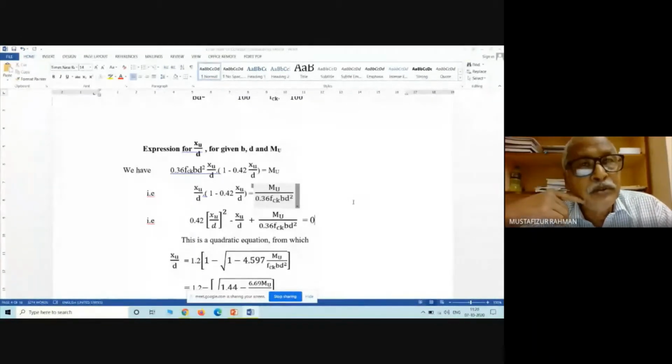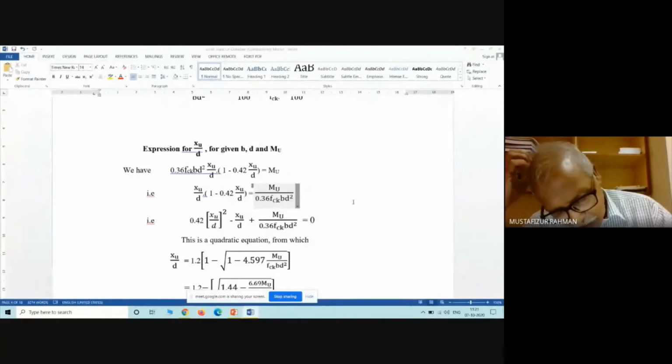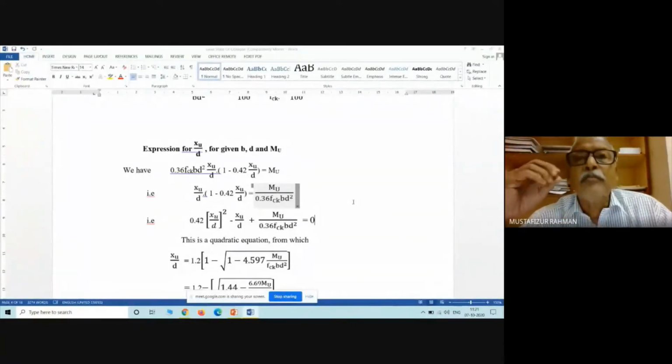Xu, as I told you, if you remember, is the actual neutral axis depth. That means because of the external load, what is the actual neutral axis depth? Because of change of external load, your actual neutral axis will change. As you are increasing the load, your Xu will increase.